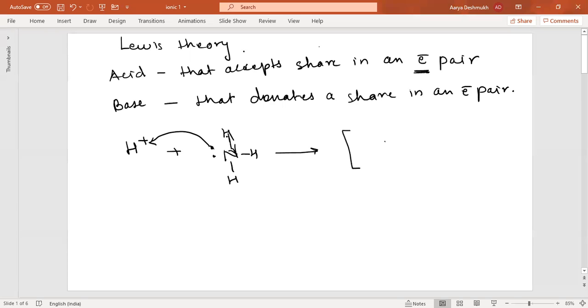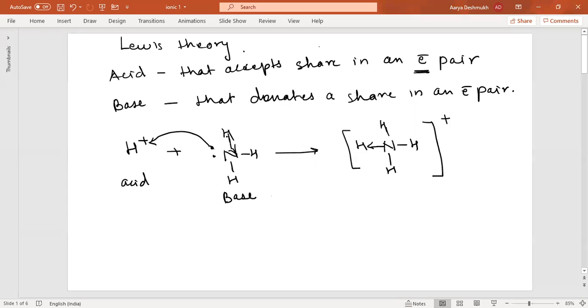That is nothing but the formation of the ammonium ion. This type of bond is called a coordinate bond, or dative bond. So in this reaction, H plus is acting as an acid and ammonia is behaving like a base.